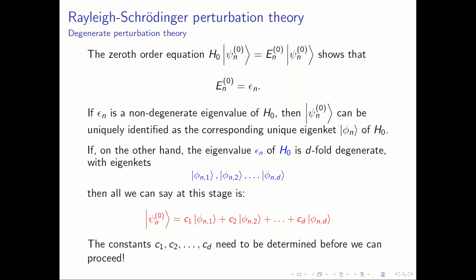In non-degenerate perturbation theory, the zeroth order perturbation equation immediately tells you not only the energy eigenvalue to zeroth order, it also tells you what the energy eigenket is. Here, that is yet to be identified. You need to find out what C1, C2 up to CD is in order to be able to say what the zeroth order eigenket is, and for all calculations to proceed, you do need the zeroth order eigenket.